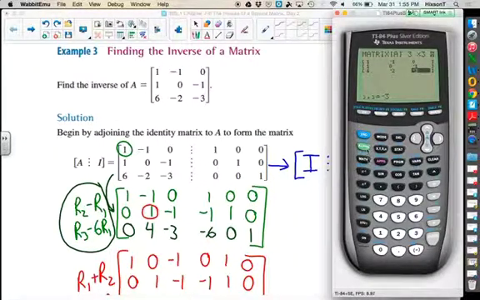So now we hit quit to get out of here. Second quit. And here's how we get the inverse on the calculator. We go back into matrix. And there's the matrix we want right there. A is a 3 by 3. So we bring it out on here. And then, what's the notation for inverse? The -1 power.